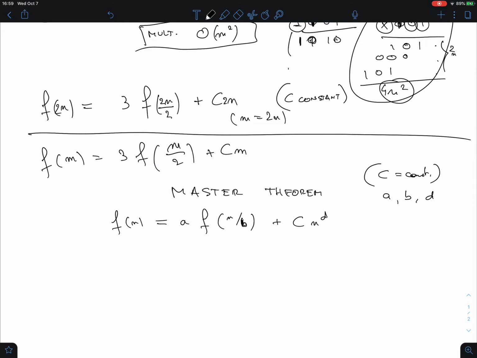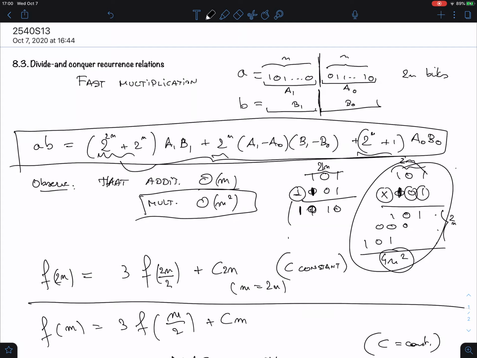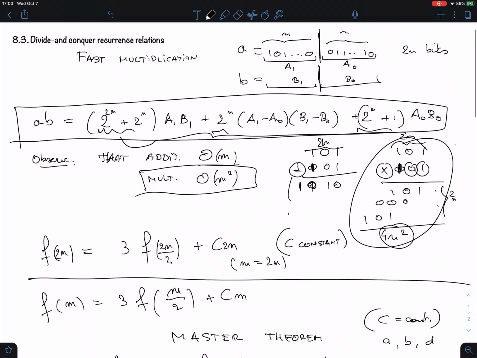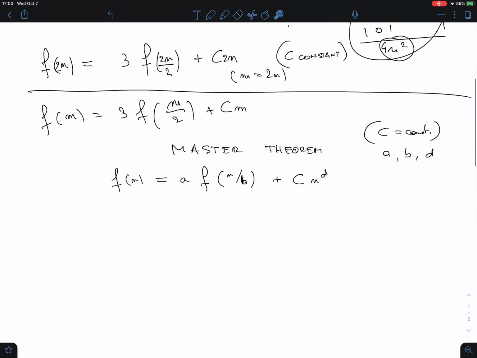Okay, that's the B. A is the number of times that we need to apply the algorithm. Sorry, I'm saying it wrong. The little a here, A and B are not the same A and B as in the calculation problem, right? Don't confuse them. These are A, B, and C as they appear in this formula.